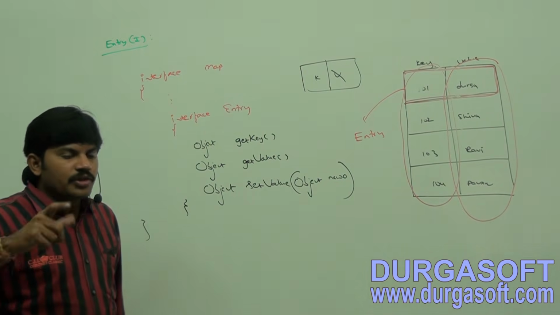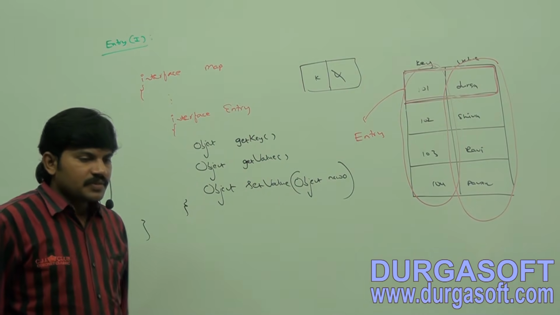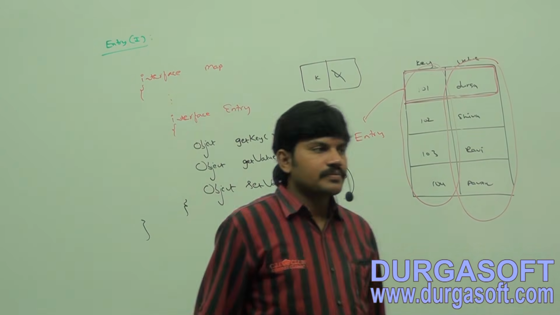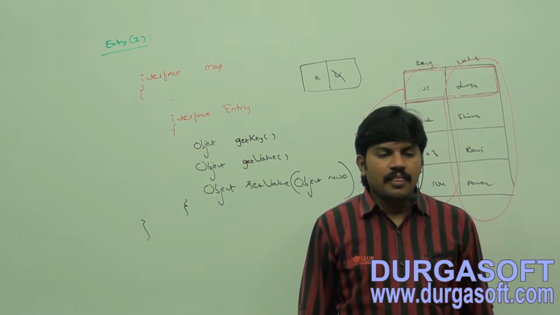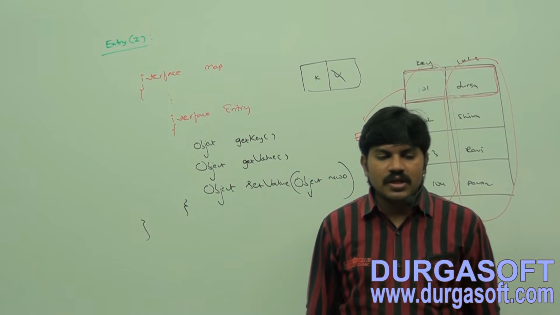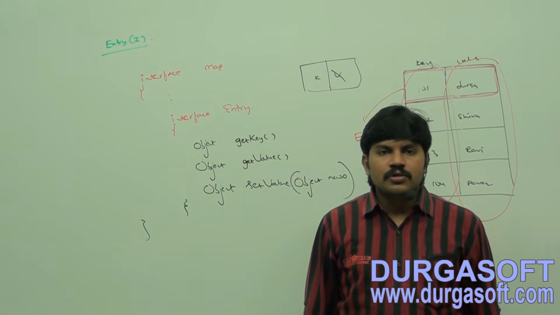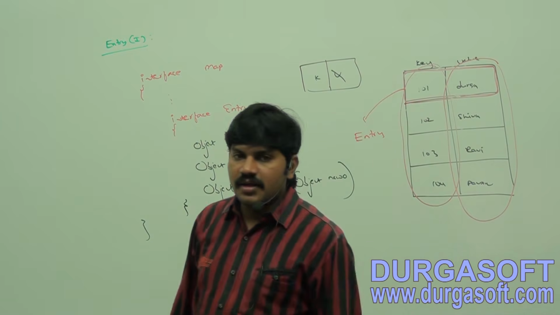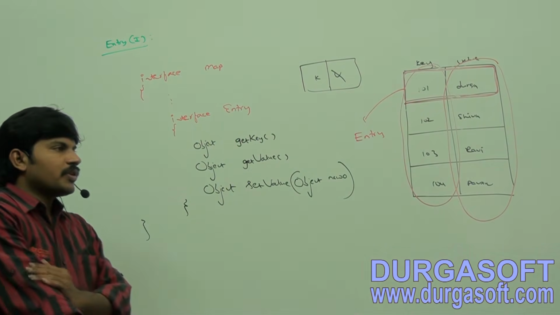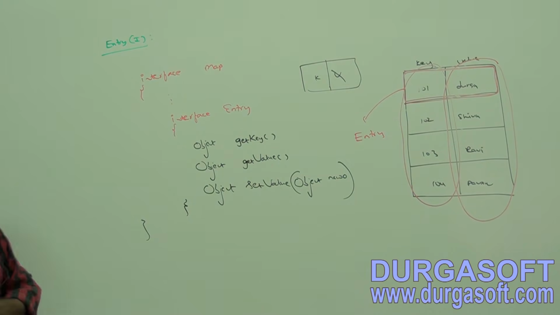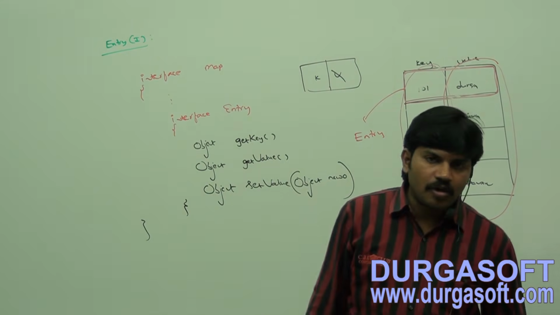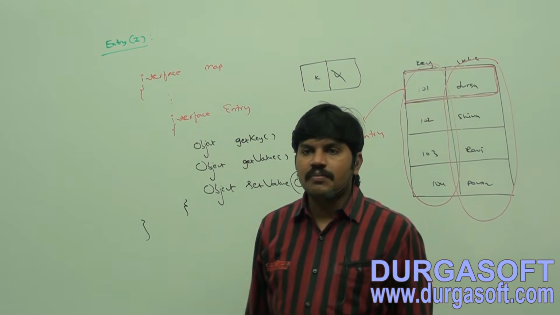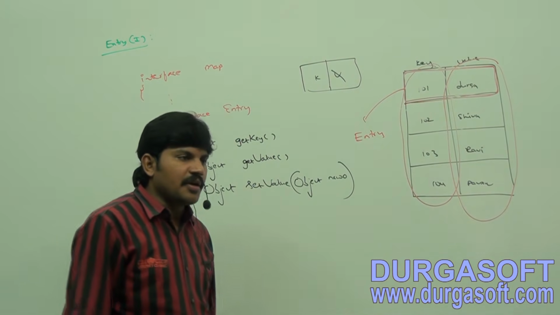Next, without an existing Map object, there is no chance of an existing Entry object.